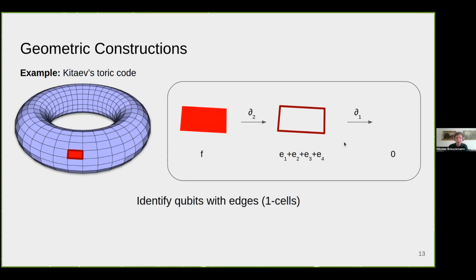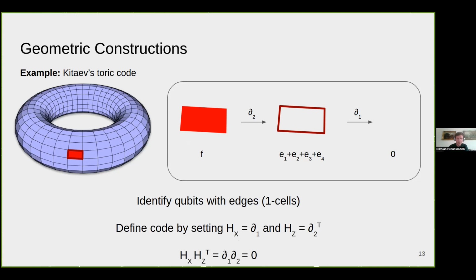Now, in order to define the code, I can identify all qubits with edges. The 1-cells are identified with my physical qubits, and I define the code by setting the parity-check matrices to be the boundary operators. Then, due to this homology condition, I immediately obtain that this is a valid code. It fulfills the condition which ensures the commutativity of the observables.